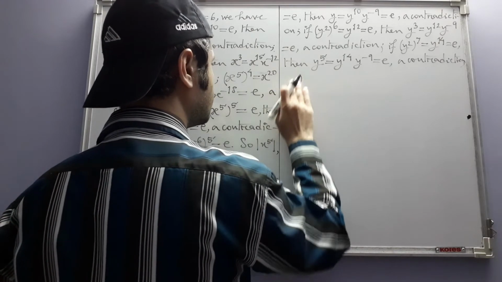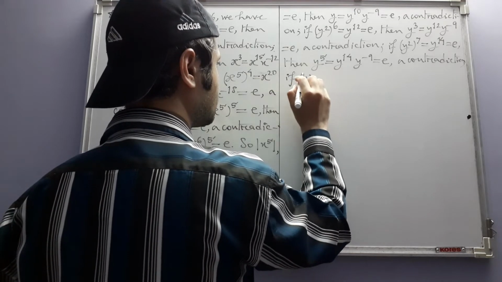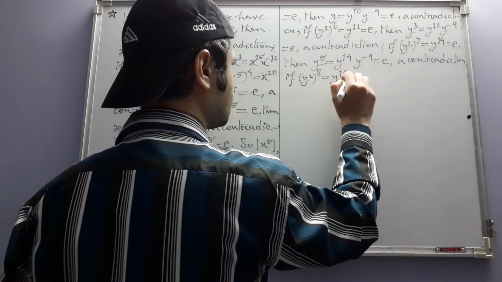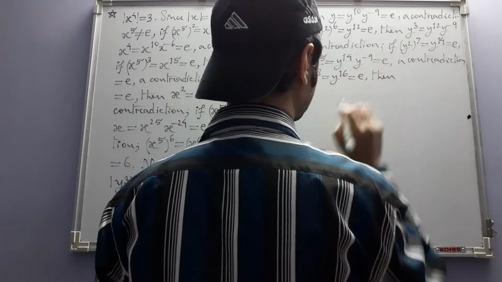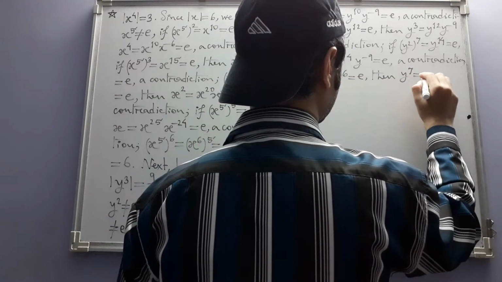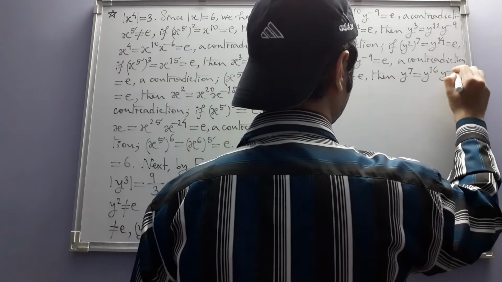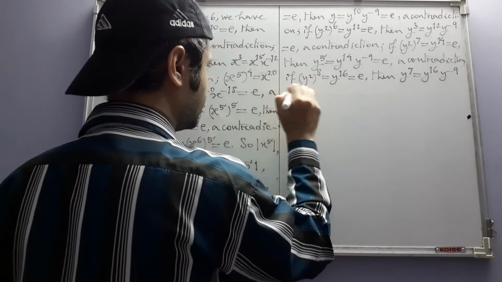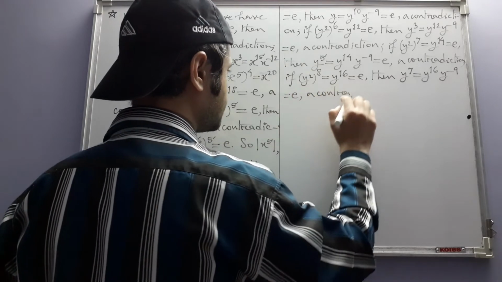If this is equal to the identity, again not possible, because 7 is less than 9.